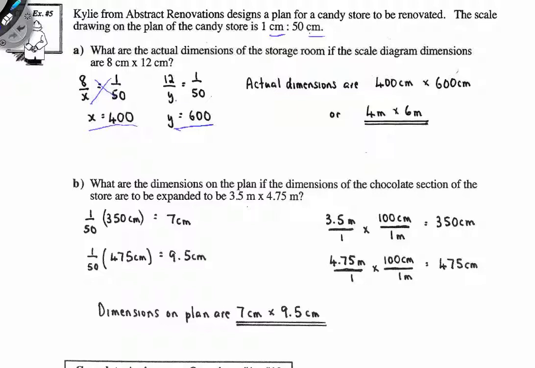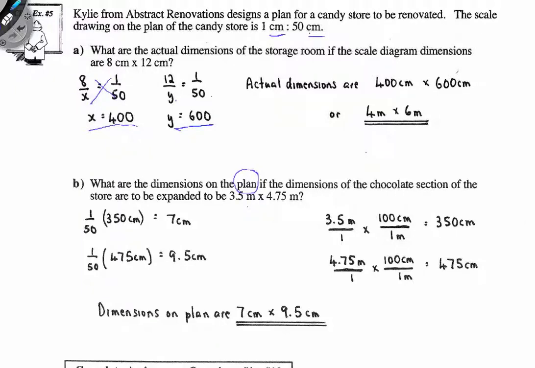Part B. What are the dimensions on the plan if the dimensions of the chocolate section of the store are to be expanded to be 3.5 meters by 4.75 meters? What are the dimensions on the plan? So here we're taking the actual dimensions and changing them to dimensions on the plan. So let's look at our scale.